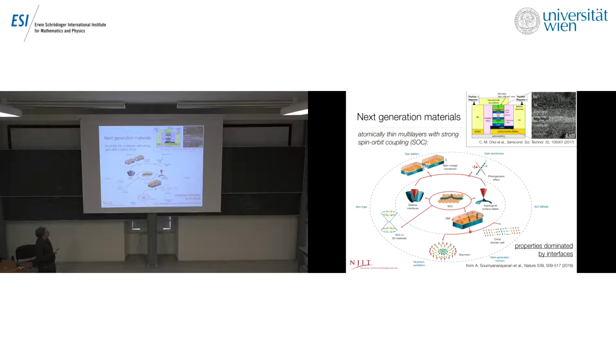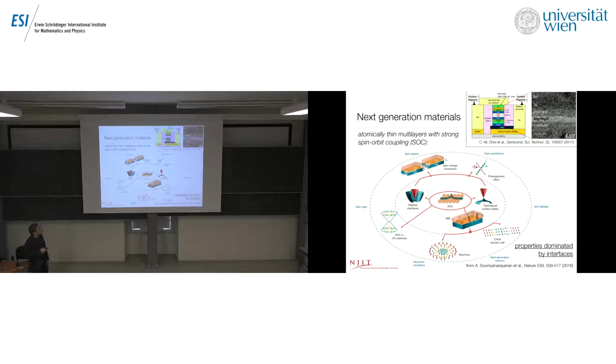So here you see a cross section of such a material, and basically the point I want to make is that the layers that appear here have thicknesses that are going down in a controllable fashion down to a few atomic layers. So these are really ultra thin, essentially atomically thin layers.